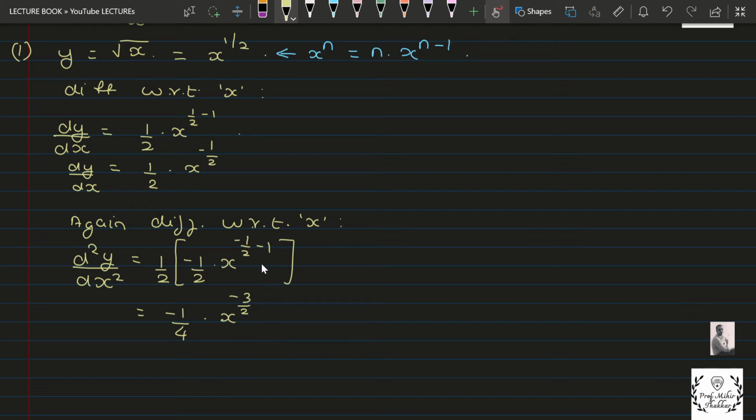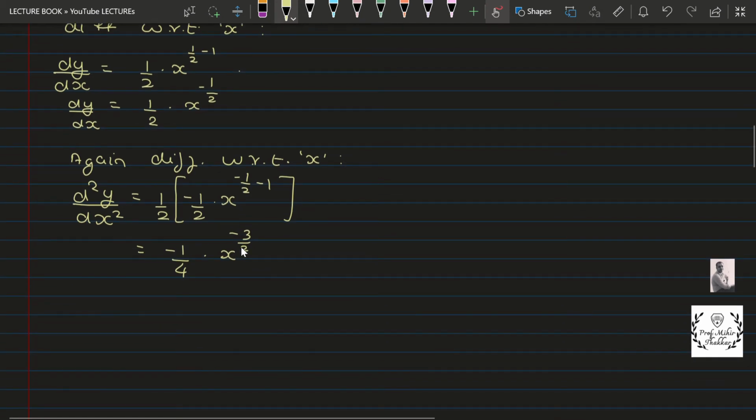After taking LCM, it will become x to the power minus 3 by 2. If you wish to convert this power into positive, I write over here minus 1 upon 4 x raised to 3 upon 2. This is d square y by dx square.